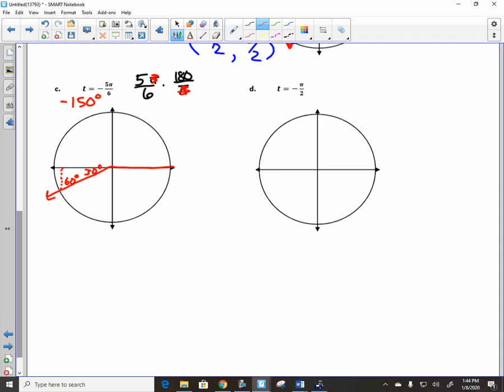What is the radius? Always 1. What other side do I know? The short one will be a half. How do I get to the other one? Multiply by the root of 3, I get the root of 3 over 2.